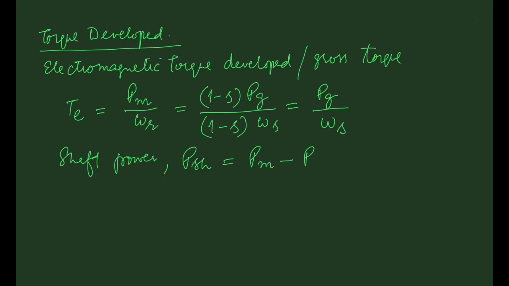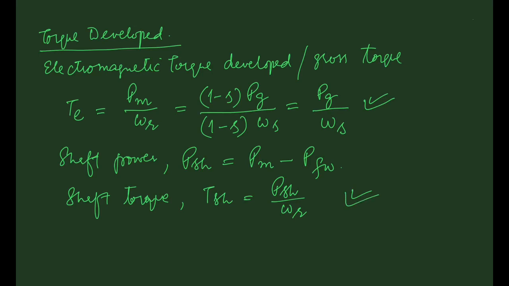So PSH will be PM minus PFW, where PFW is the friction and windage loss, and hence the shaft torque TSH will be equal to PSH by omega r. So these are the expressions for the net electromagnetic torque developed and the shaft torque.